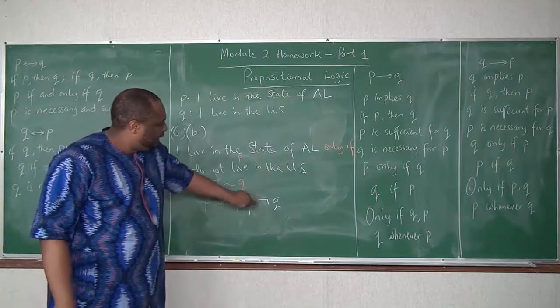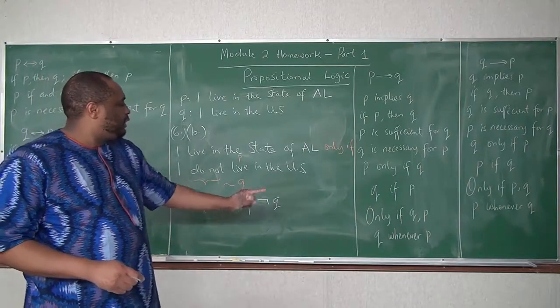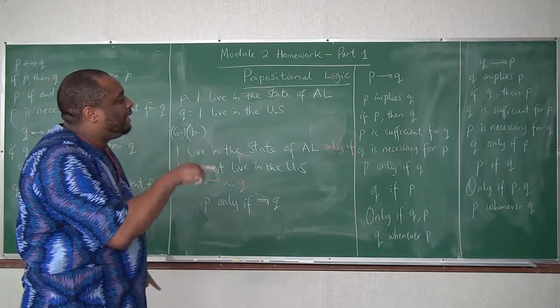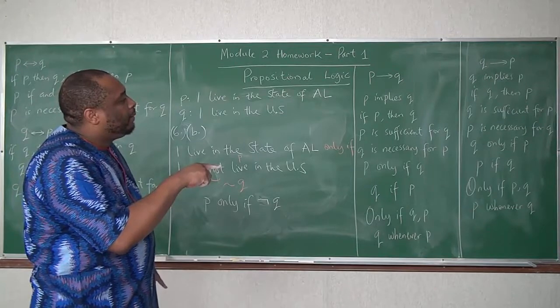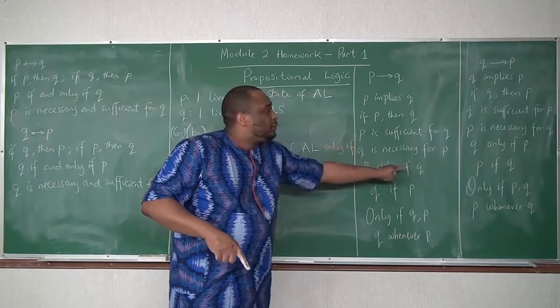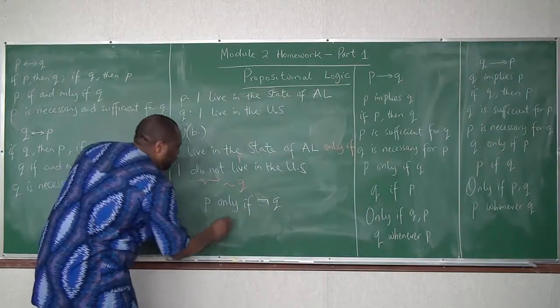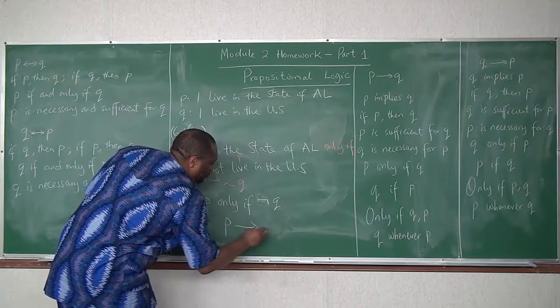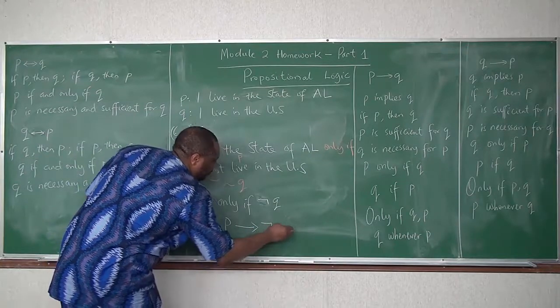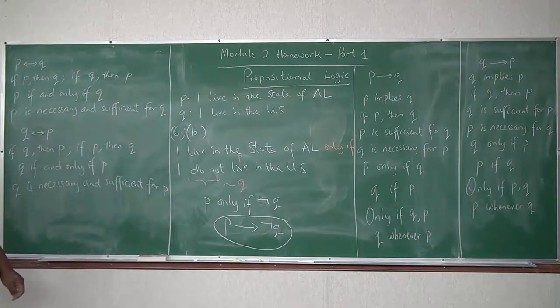Now look for P only if Q. P only if Q is P arrow Q. So P only if not Q will be P arrow not Q. And that's it.